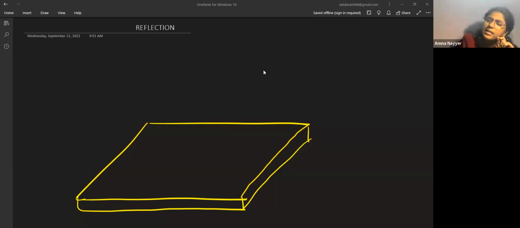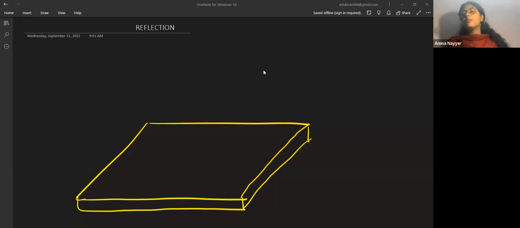Now remember, the basic term that will be used throughout your ray optics, wave optics, dual nature, everywhere is the term light ray. You should know what is meant by ray. Ray means it's a part of a light. The entire light which is running, when we are taking a part of the light, when a portion of light is striking, then we call it the ray.